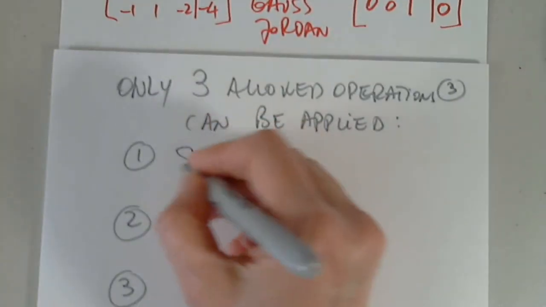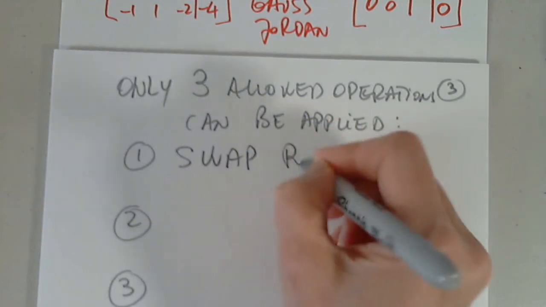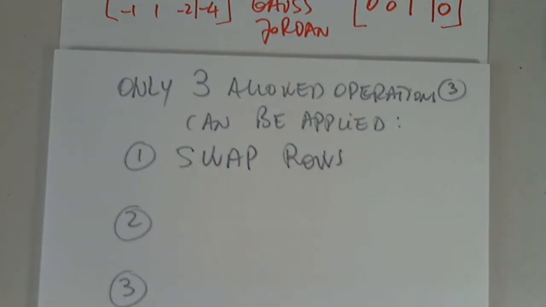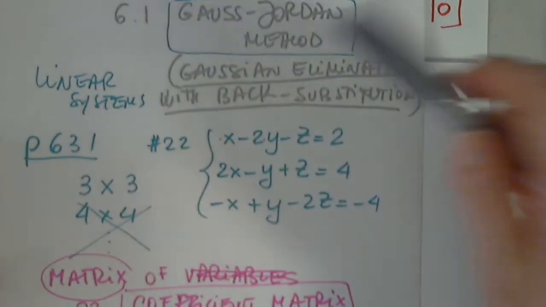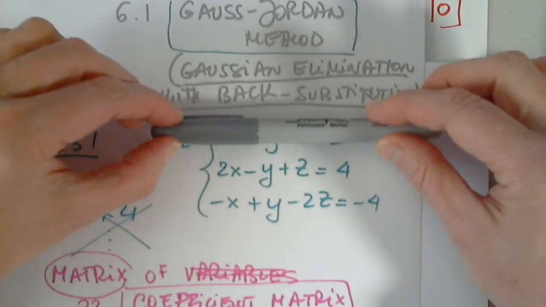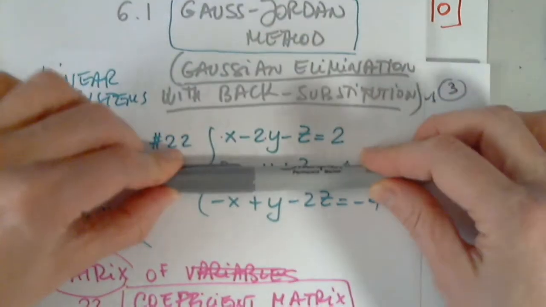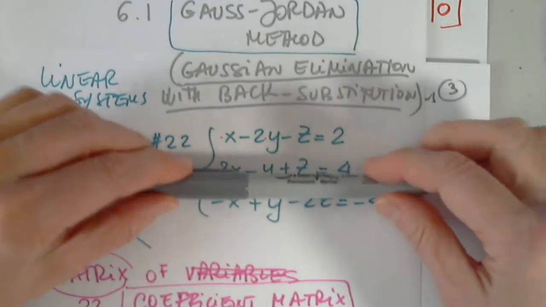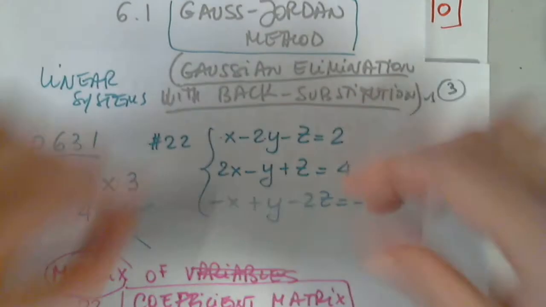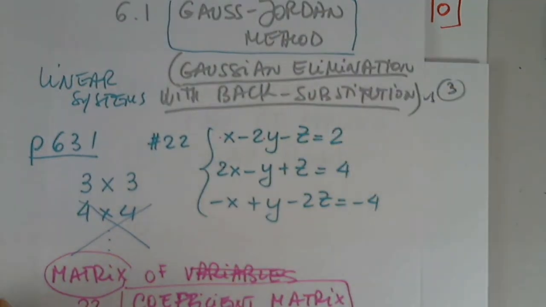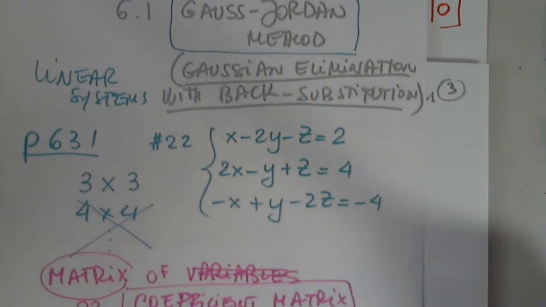1, swap rows. What does that mean? Well, swapping rows meaning I can make this equation the second equation, and if I decide that, I can make this equation the first one. I can swap these 2 equations. Of course I can. The system will not change.